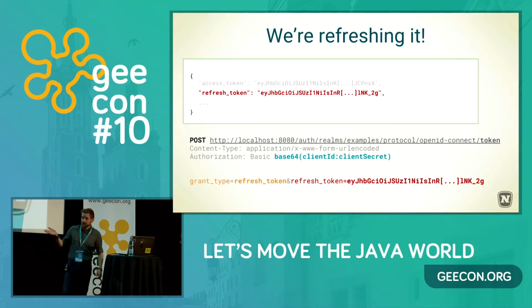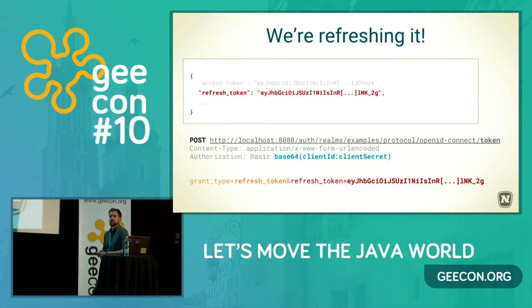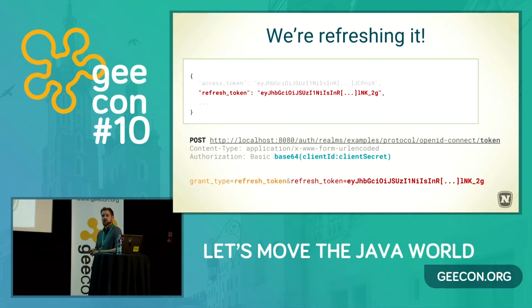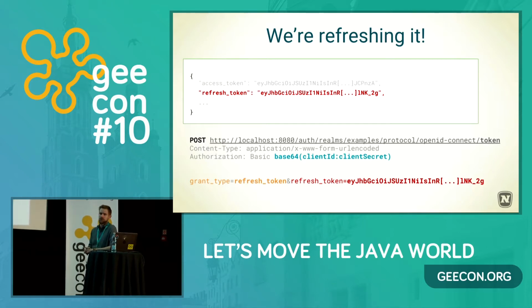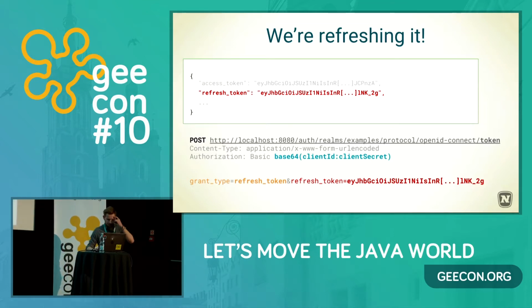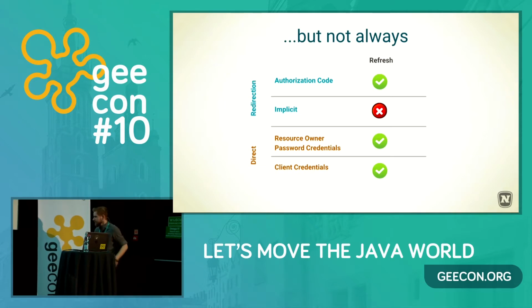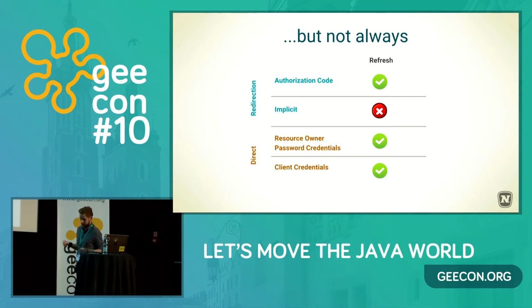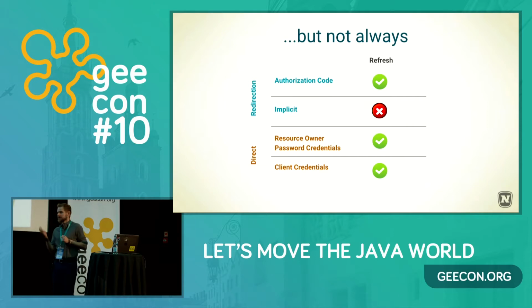So what we can do is ask Keycloak to issue a new refresh token each time it is used, so it's not going to be reused in any way. We can also reuse it 5 times and then we're done. Then we can ask for another one. And we sure can get it. And one last thing with refresh tokens. Well, it's not possible in all of the scenarios. I mentioned 4 of those.